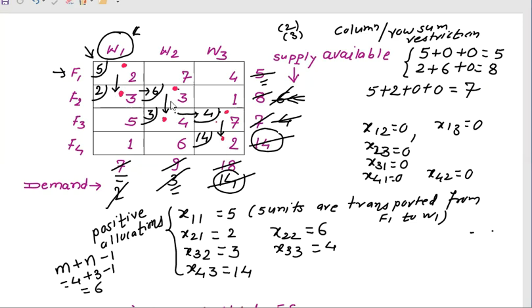Now these 6 variables are called basic variables, and the other variables are called non-basic variables.